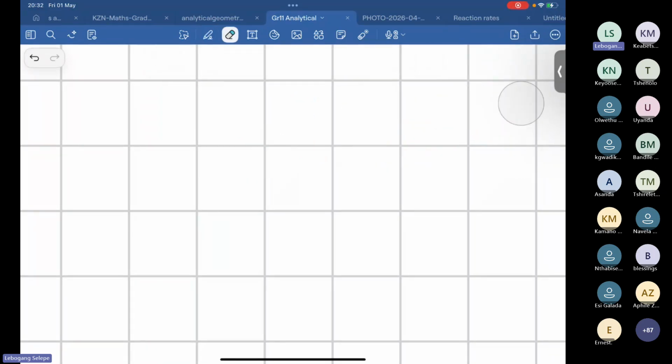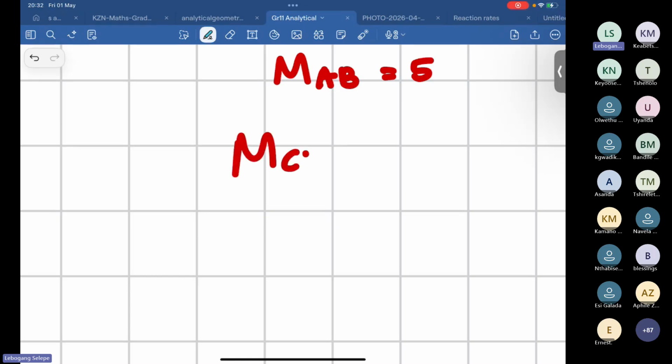But if the gradient of AB is 5, the only thing I have to do to get the gradient of CD, if they're perpendicular, is, one, change the sign. So if this sign is positive, this is going to be a negative gradient. And then, similarly, I'm supposed to invert.